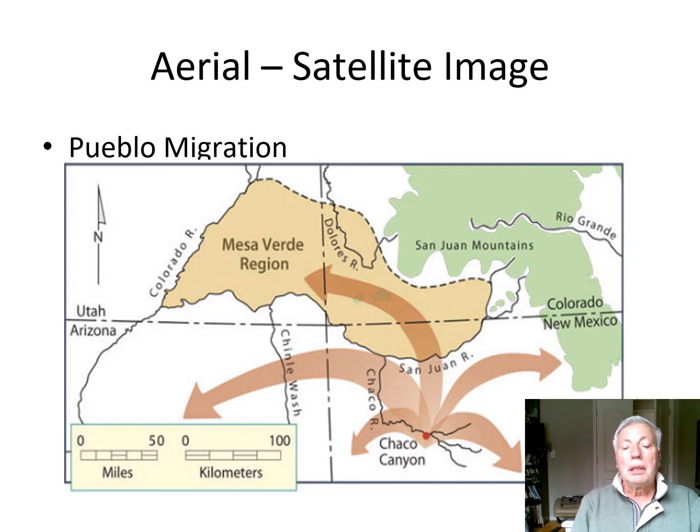Now, the interesting thing about all of this is that this is quite a footpath, meaning that this is a mountainous region.